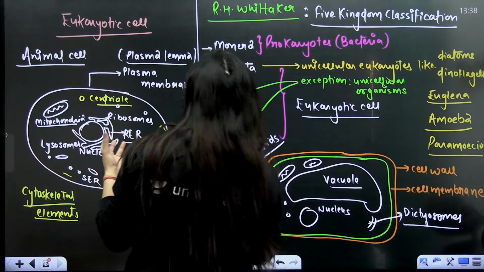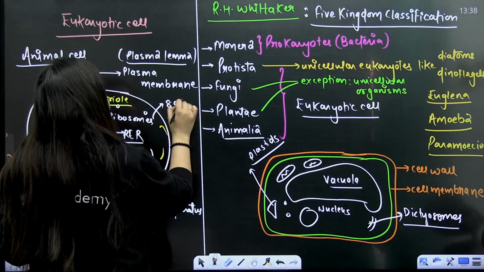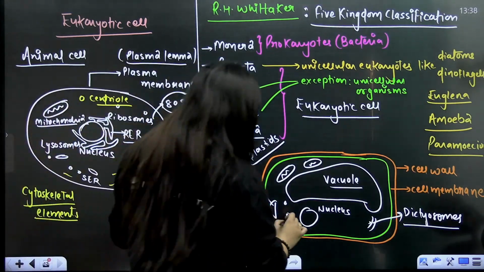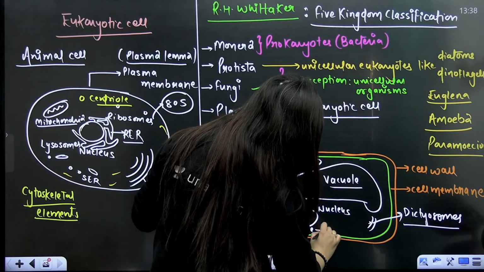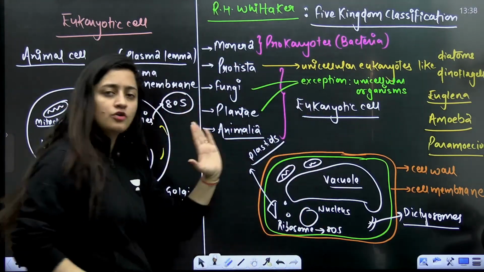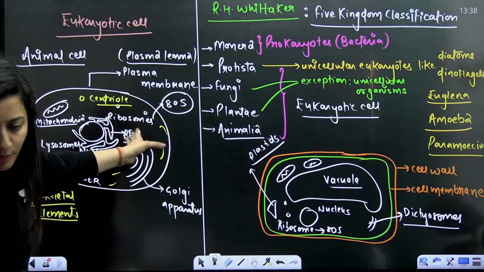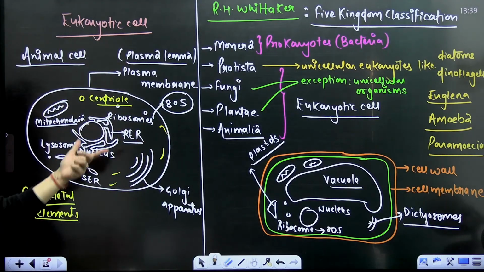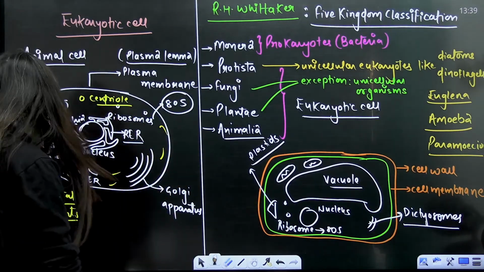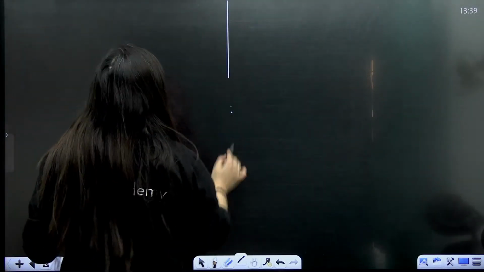Ribosomes are also there; in the cytoplasm they are going to be 80S, while in mitochondria and plastids, in chloroplast, we have 70S ribosomes. So here you talk about the cell wall. These are the kinds of differences that we need to understand.